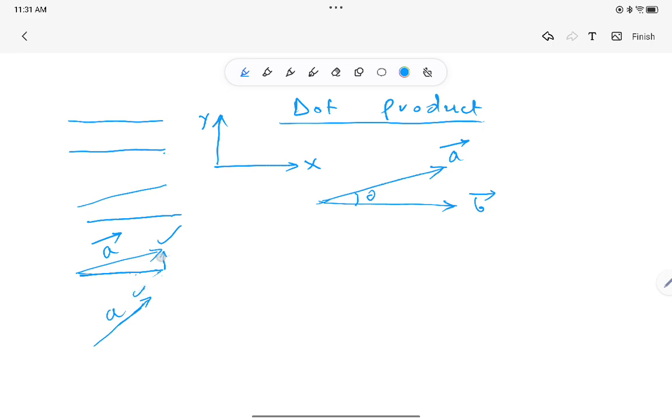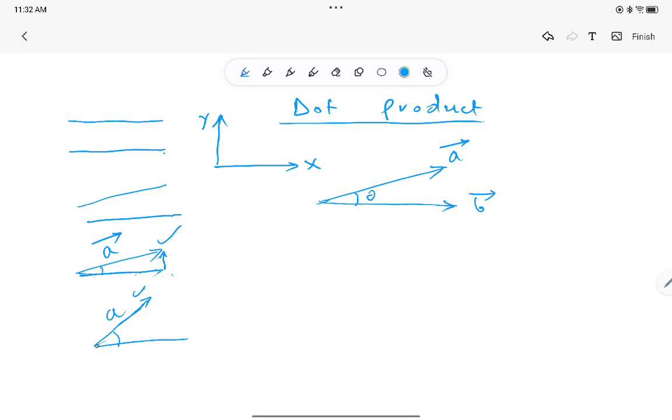In this case, the vector A is not inclined so much with the horizontal direction as it is here. That means the angle it makes here is more than what it makes here. It is more vertical. This A is more vertical. This A is less vertical.